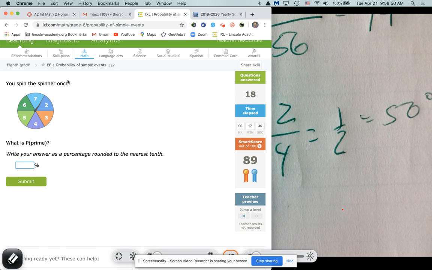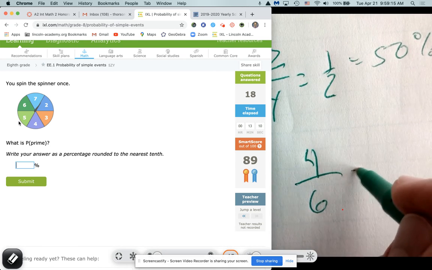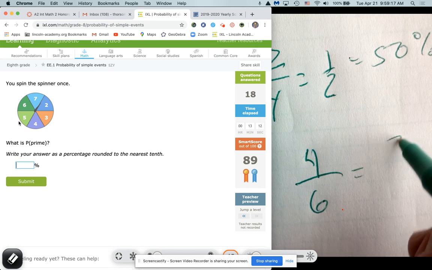Last one, what is the probability that something's prime? So now we got to know what a prime number is. Well, is 2 prime? Yes, it's the only even prime. Is 3 prime? Yes. Is 4 prime? No. Is 5 prime? Yes. Is 6 prime? No. Is 7 prime? Yes. So 2, 3, 5, and 7 are prime, which is 1, 2, 3, 4 out of a total of 6 possible outcomes. So again, 4 out of 6 possible outcomes reduces to 2/3.